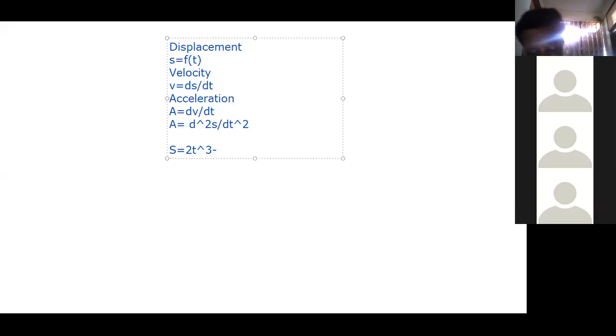D, its velocity at the time when the acceleration is 8.4 meters per second squared.